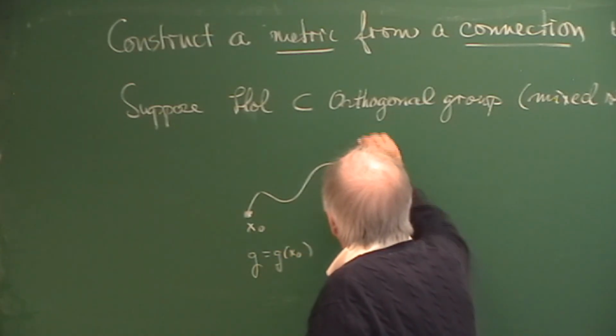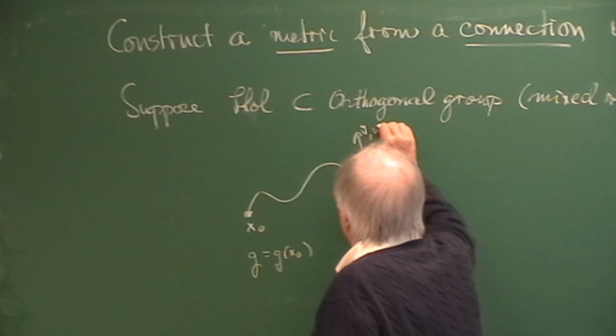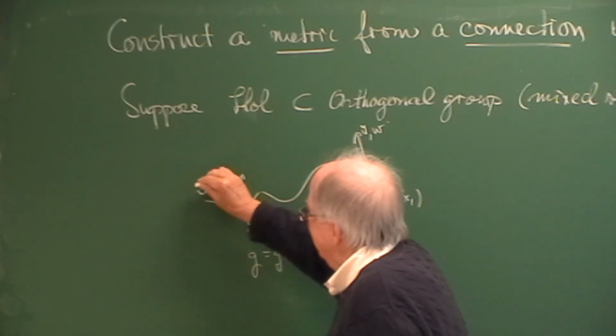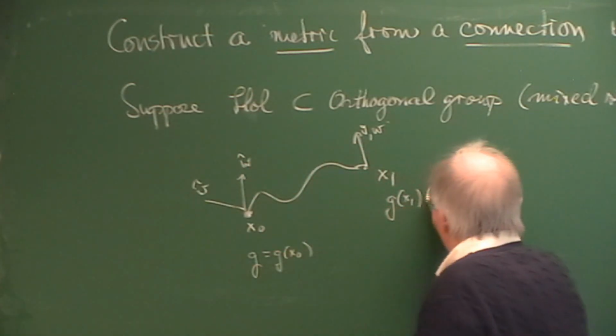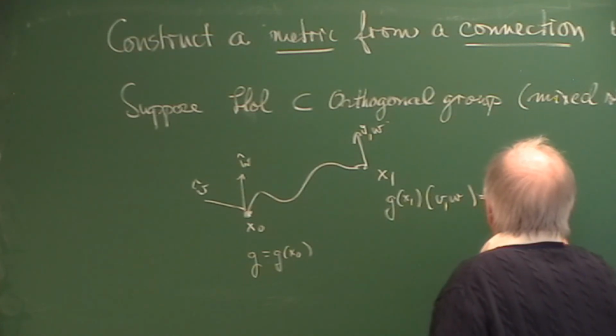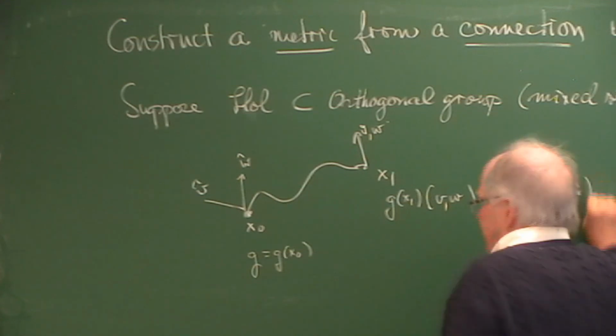Take a vector here, V. Take a vector here, W. Push back by parallel transport, V hat, W hat. The metric G of x1 of V, W is defined as G of x0 of V hat, W hat.